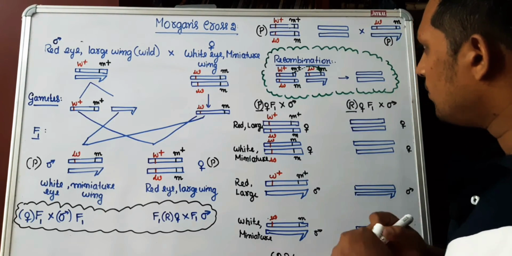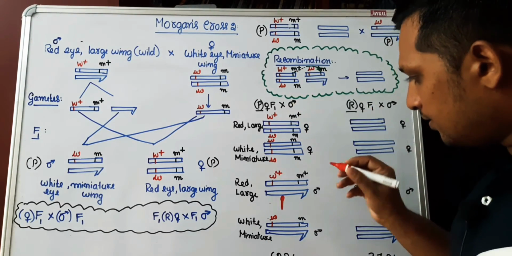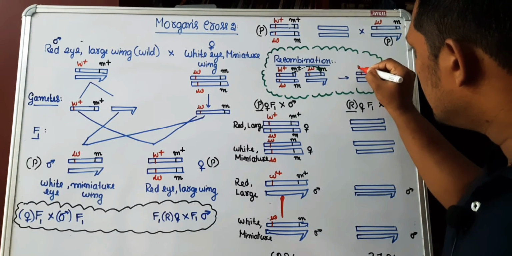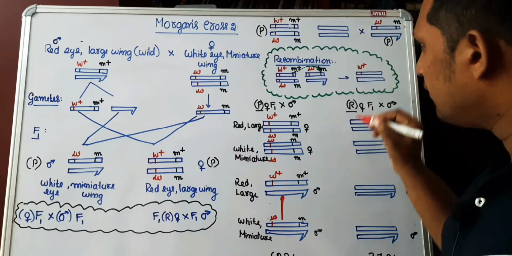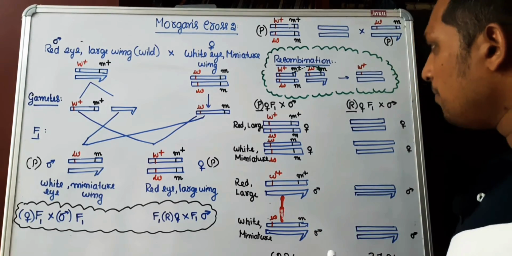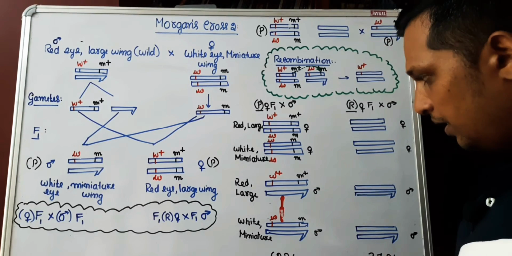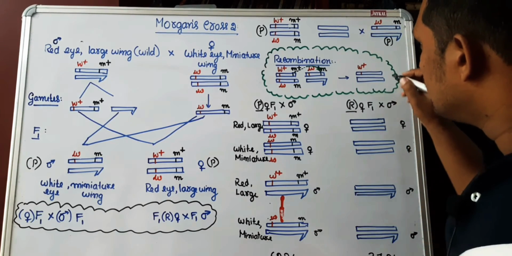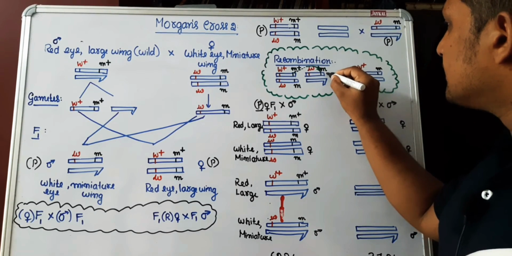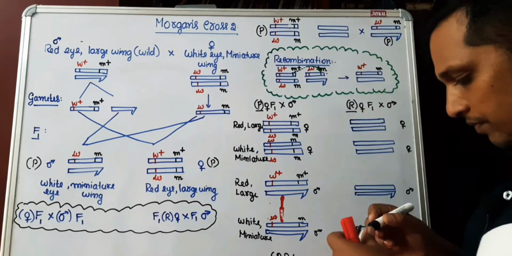Let me write the combination. The X of female will have W plus. Now in place of M plus there is going to be small m, which will come from the male X. This m has shifted over here.